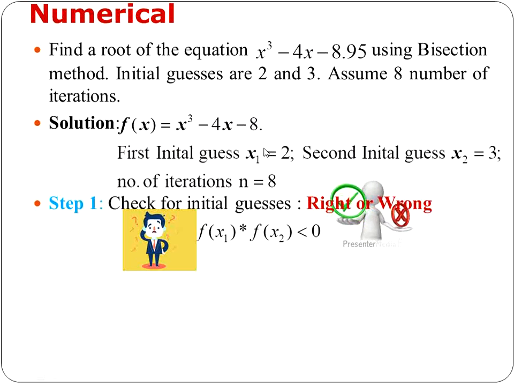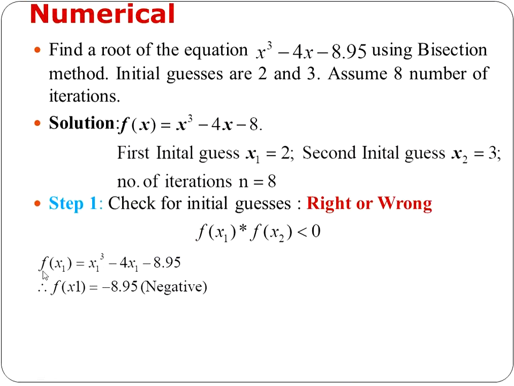It means you put these two values in x and find the value of function of x1. Next you put the value 3 in the given function and you will get the next value. If the product of these two functions is less than 0, then we can proceed. If not, we change the initial guesses again.